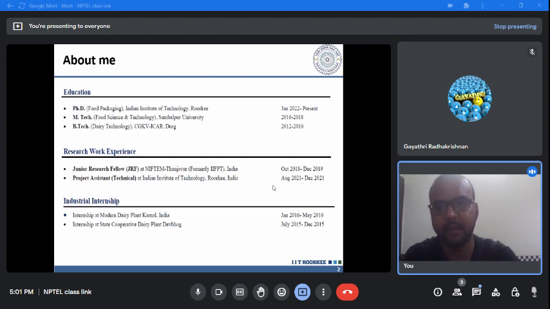After my MTech, I joined as a junior research fellow at NIPTEM Thanjavur, formerly known as IIFPT Thanjavur, where I worked for 15 months on an Indo-UK collaborative project.